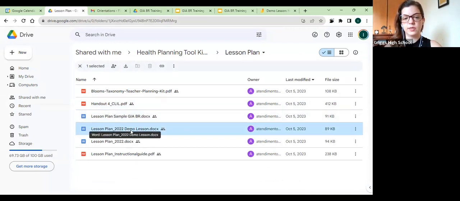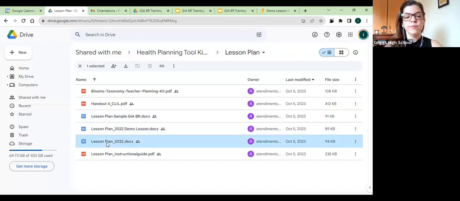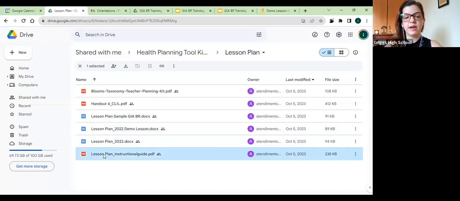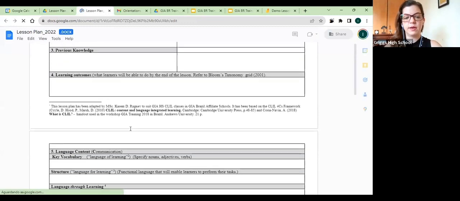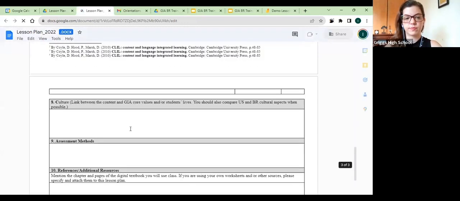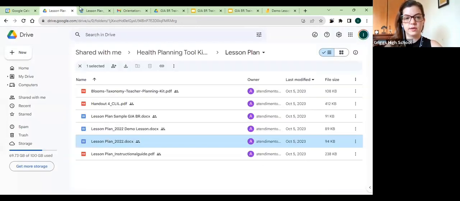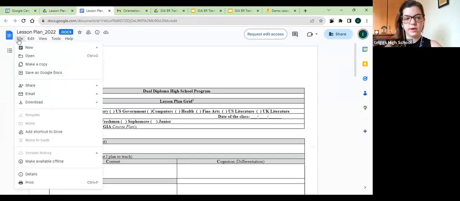The second one, the demo lesson, is the one that I'm going to show you. Then you have the instructional guide with instructions on how to complete it. And you have a blank form, which you can make a copy of for yourself.